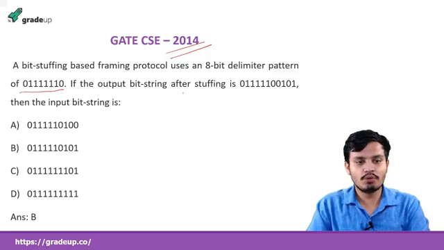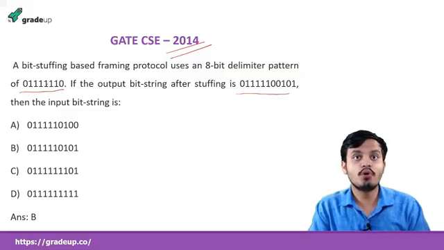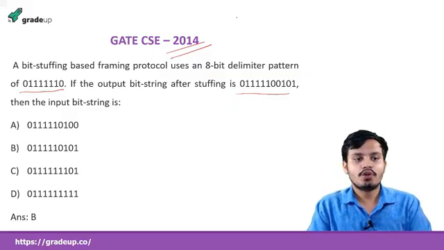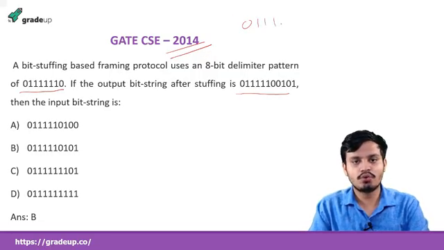If the input bit string after stuffing is this, so we have stuffed something like this, then what will be the input? First, looking at this END delimiter, I will try to find where I should insert a 0. So I am writing here 0, and if you see 1, 2, 3, 4, 5, 6, so 6 ones are there, 1, 2, 3, 4, 5, 6 and then 0.